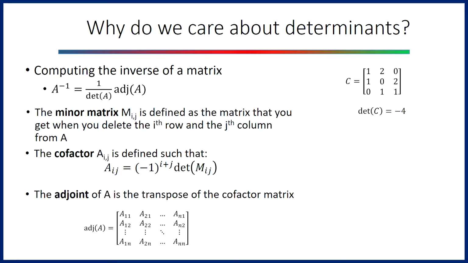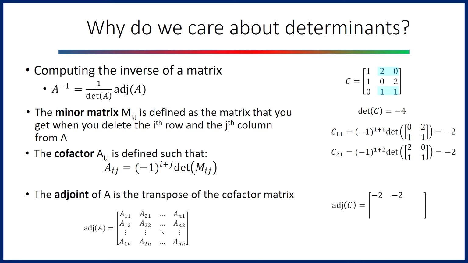Next we need to calculate the adjoint of C. The first element will be equal to the cofactor C11, which is equal to -1 to the 1 plus 1 times the determinant of 0, 2, 1, 1, which is equal to -2. The second element is equal to the cofactor C21, which is equal to -1 to the 1 plus 2 times the determinant of 2, 0, 1, 1, which is equal to -2.